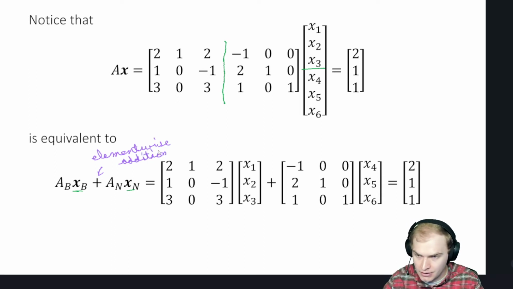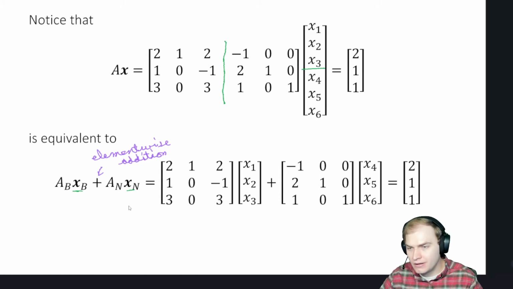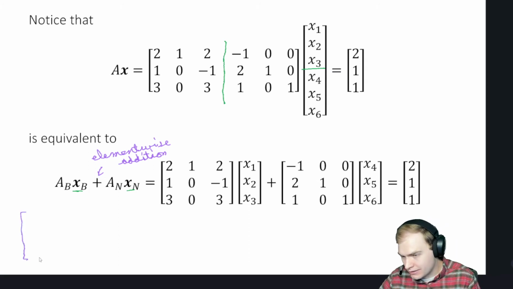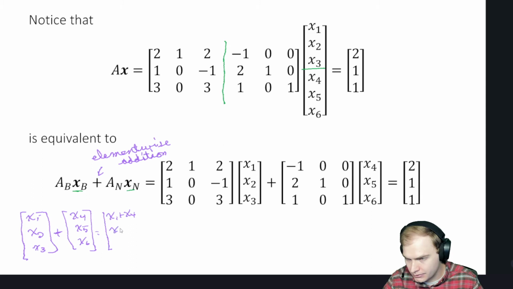Traditional addition is not actually defined for vectors. So what I'm saying here is that if we have x1, x2, x3 plus x4, x5, x6, then the element-wise addition of this is x1 plus x4, x2 plus x5, x3 plus x6.